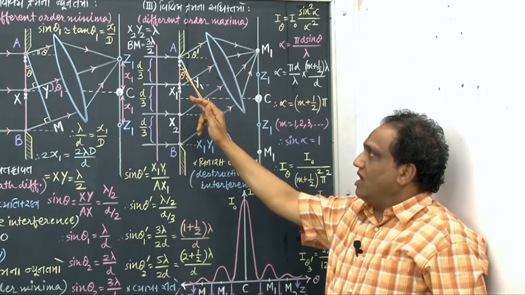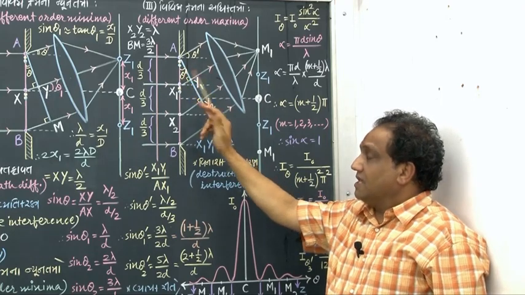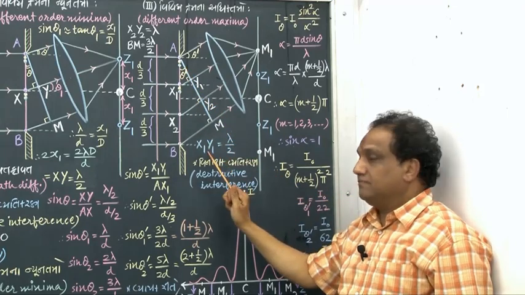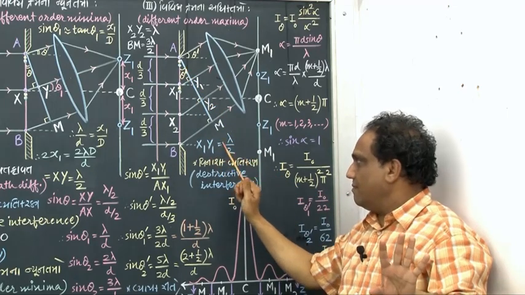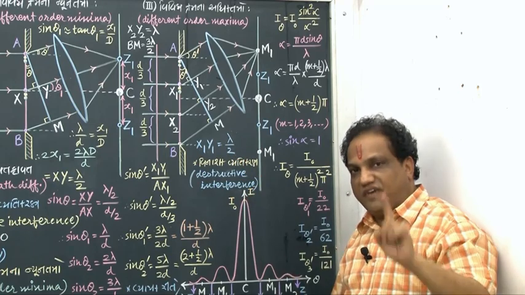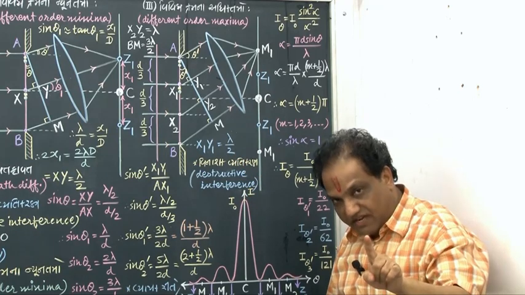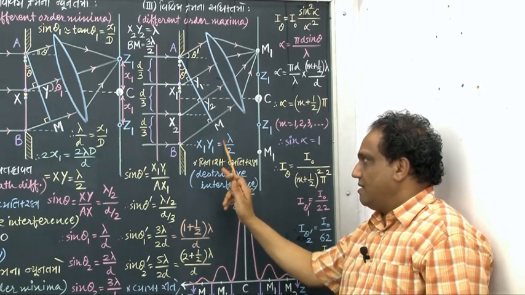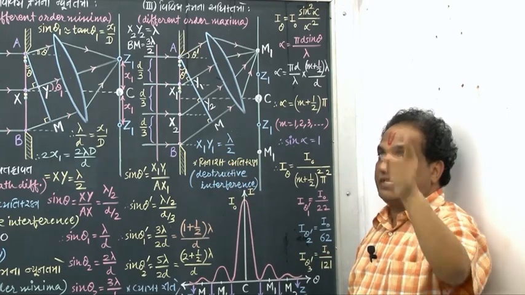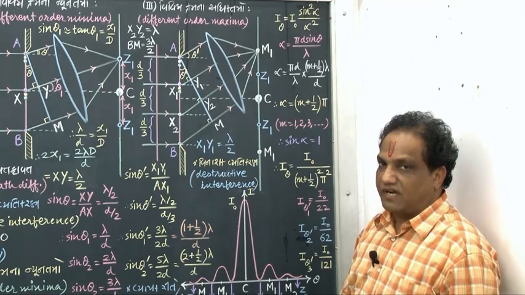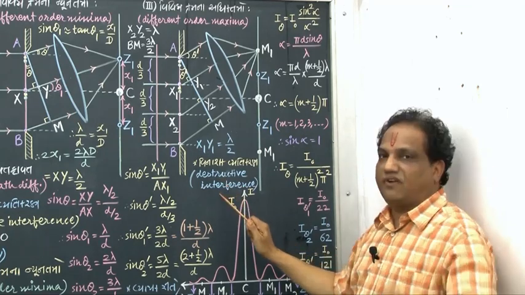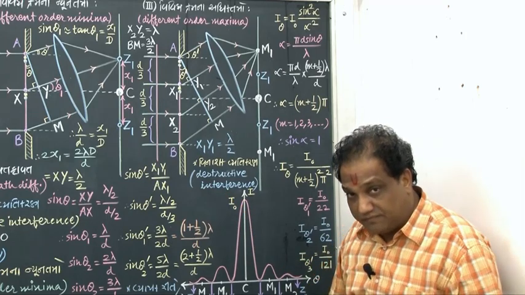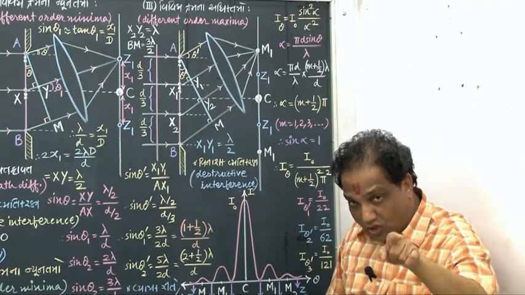Suppose the value of the angle shown in the diagram is such that its opposite side, x1 y1, by measurement is lambda by 2. If the optical path difference is lambda by 2, which interference will take place? Destructive interference will take place. And because of destructive interference, the intensity of light would be 0.